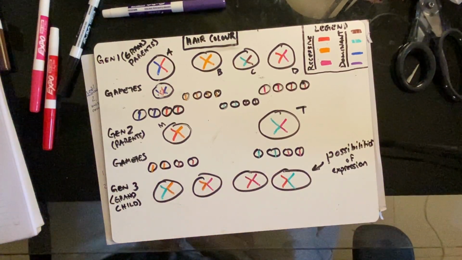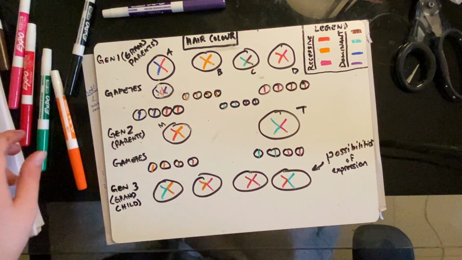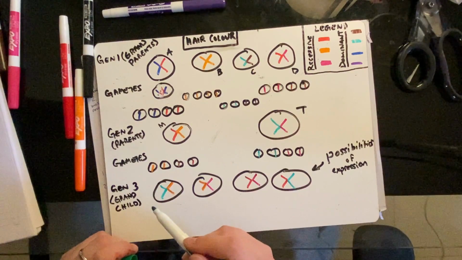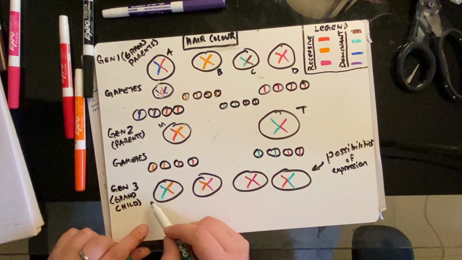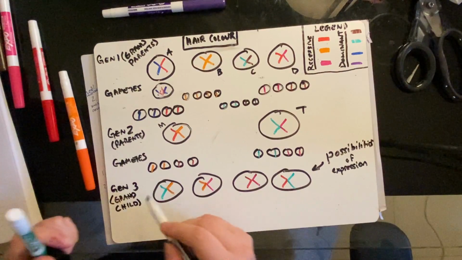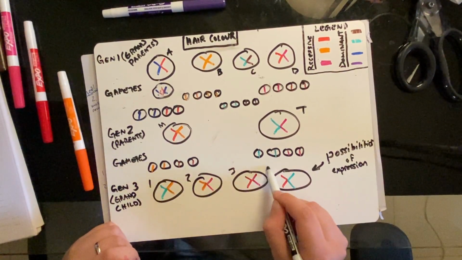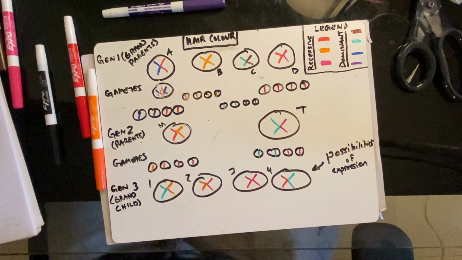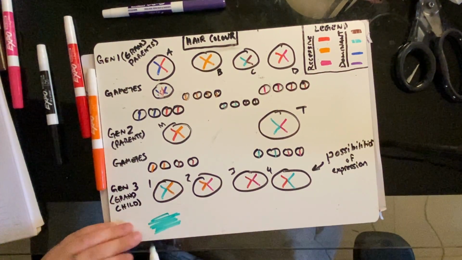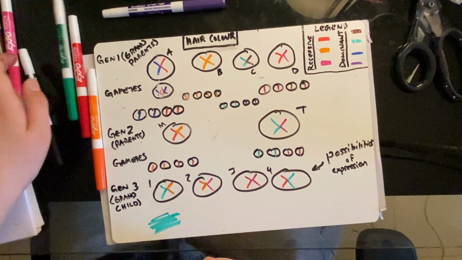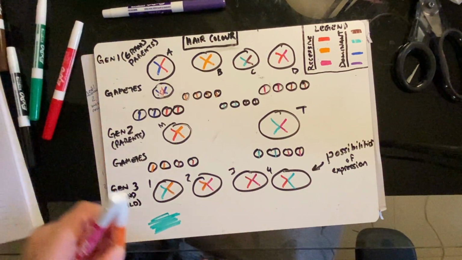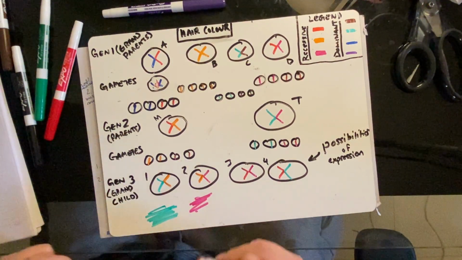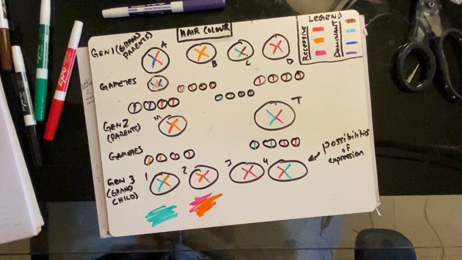Now, let's determine these babies' hair colors. Since we know green is dominant and orange is recessive, if the gene pool gives you option number 1, this child's hair is going to be green. And since orange and pink are equally recessive, it's going to be like a mix of orange and pink.